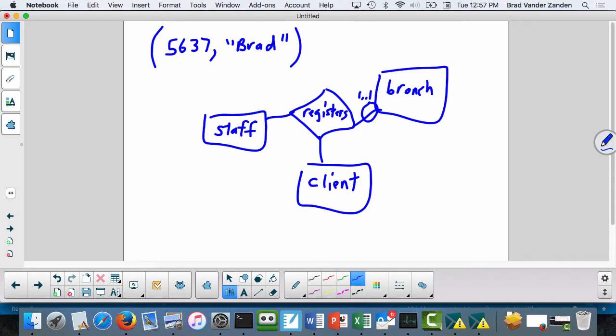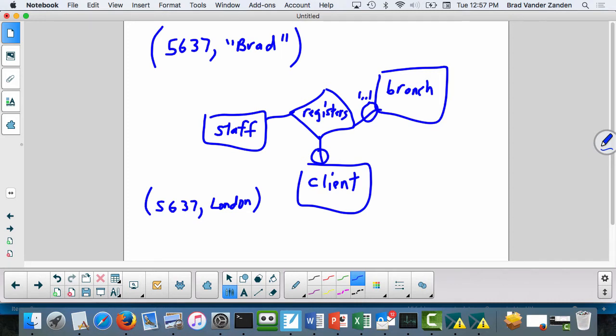So now we want to figure out this one. Again, we take the remaining entities, which are staff and branch. So say again, SG37 in a branch, say the London branch. And we ask how many clients could SG37 have registered?